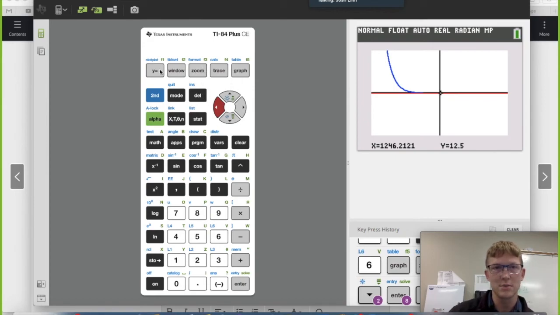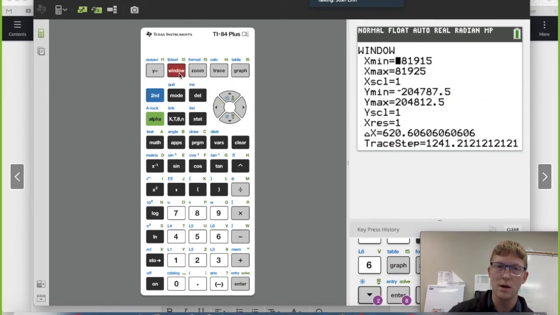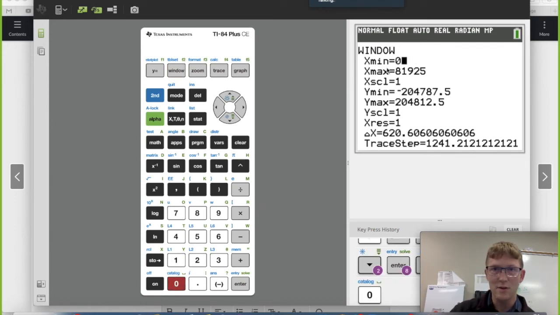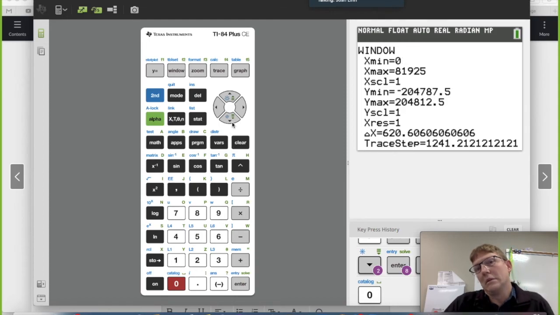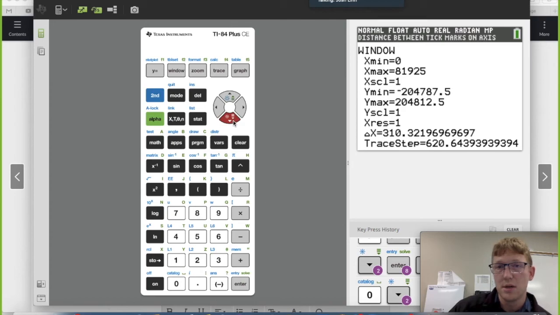So let's play with our window here, and let's think things through. Each one of these helps us deal with our window that we're looking at. Our x minimum, we don't need negative numbers in our x, so we can set that equal to 0. Our x maximum, we'll just leave it like that for now. Our x scale, we can change that too.